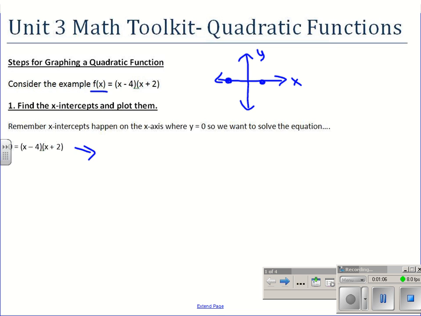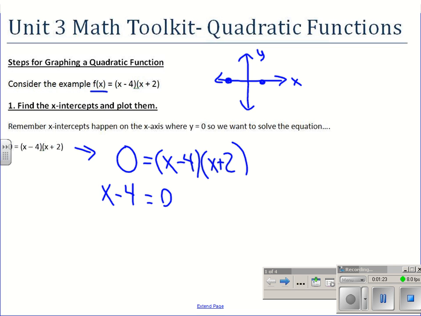So this is kind of small, I'll make it a little bigger. 0 equals (x minus 4) times (x plus 2). So as you guys remember from yesterday, that means that either one of these parentheses or the other has to be 0. So we can set up 2 equations. x minus 4 equals 0, or x plus 2 equals 0. So we get that x equals 4 when we add 4 to both sides there, or x equals negative 2 when we subtract 2 from both sides over there.